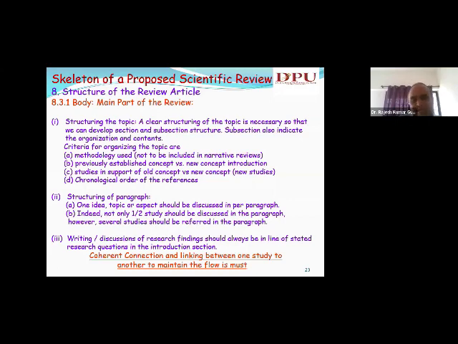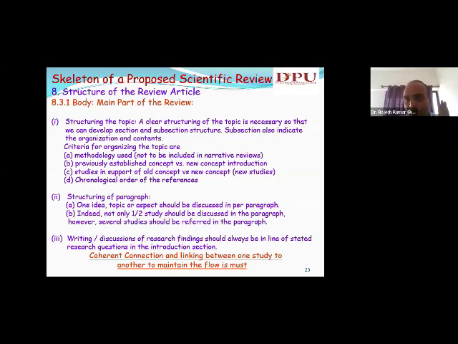So every time, one idea should be discussed in one paragraph. Indeed, we should not go for just one or two studies in a paragraph. We should take several studies, read them, and then refer to them in our paragraph. Writing, discussion or research findings should always be in line with the stated research question in the introduction.